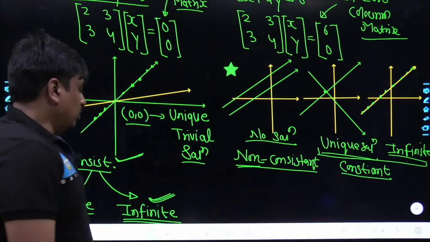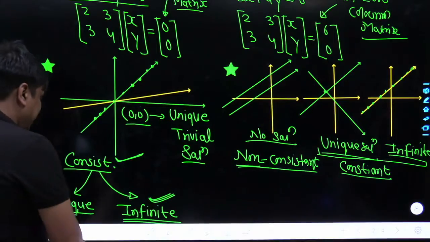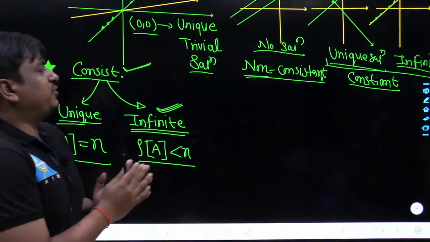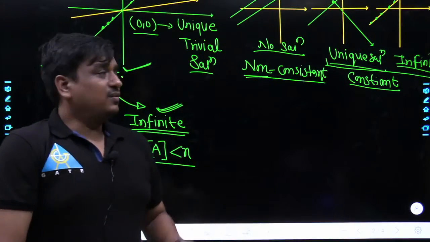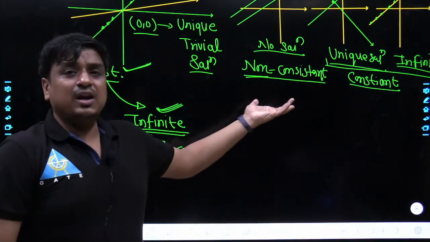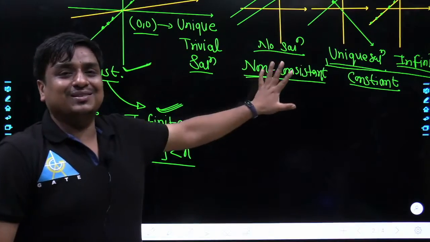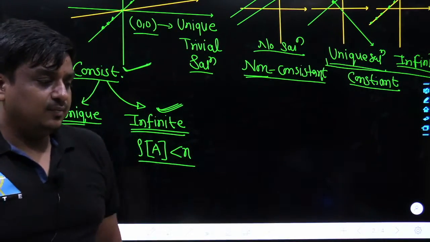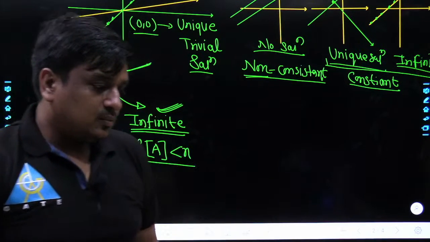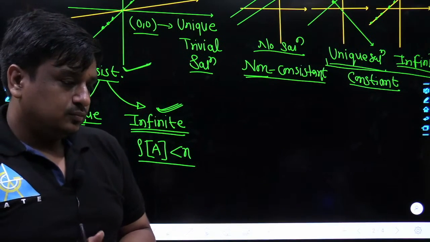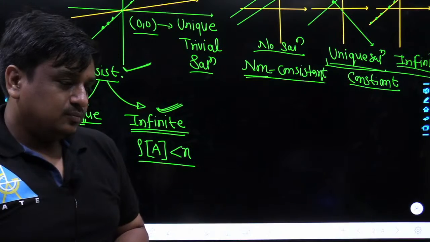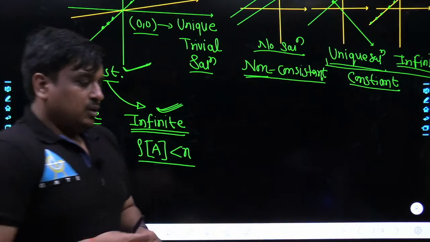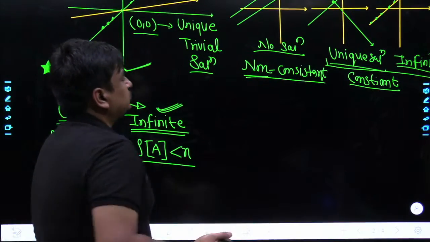So let me tell you how consistency and non-consistency would be judged mathematically. See, here we have plenty of depth with this particular concept. I could even discuss the next 1.5 hours just based on this concept, but as far as the crash course is concerned, we need not go into that detail. Trivial solution. Is that part clear?